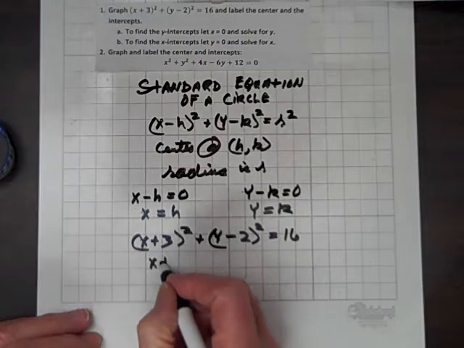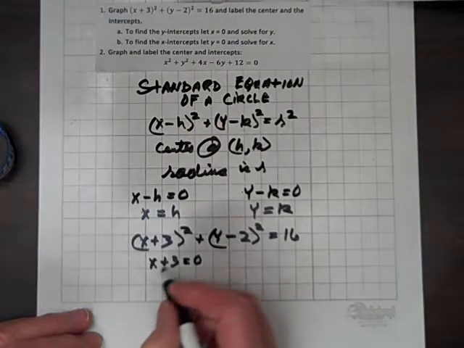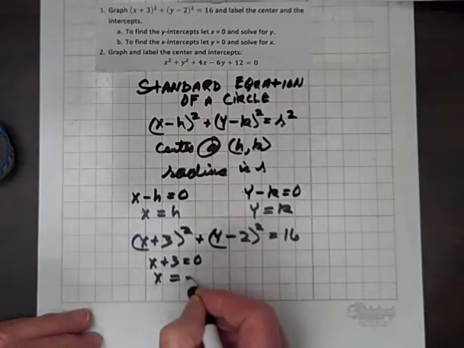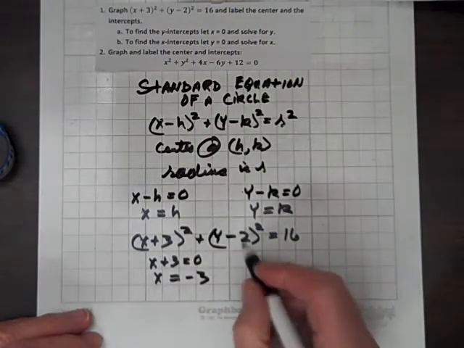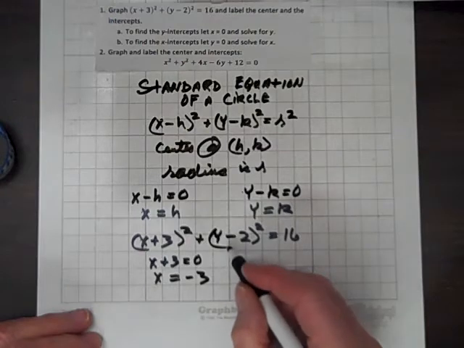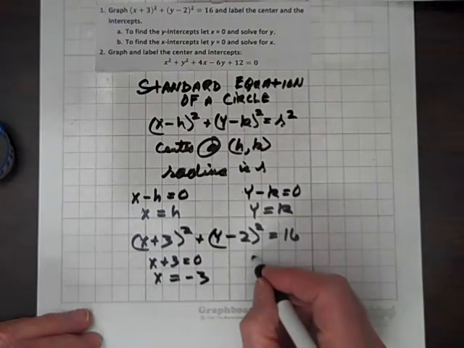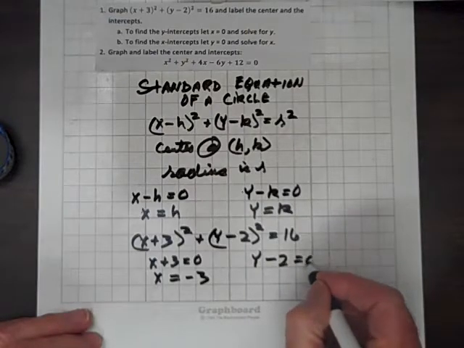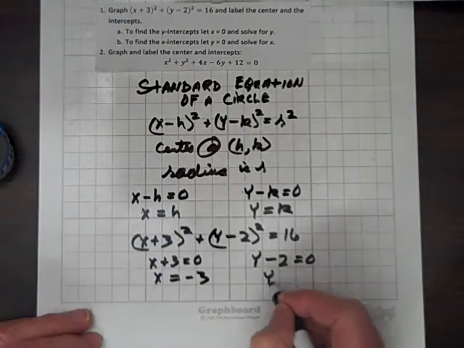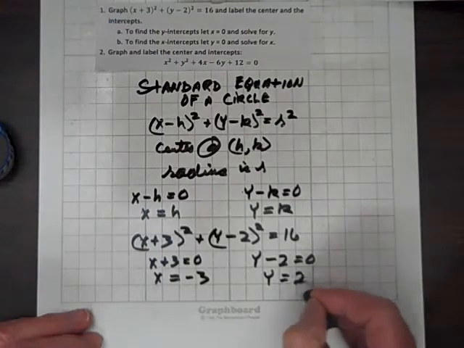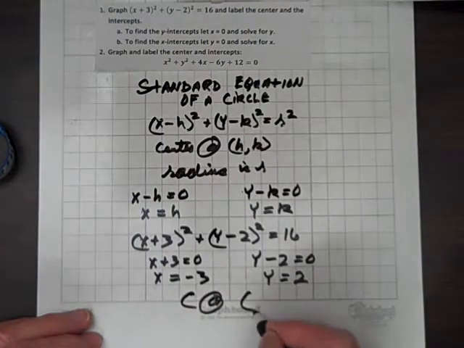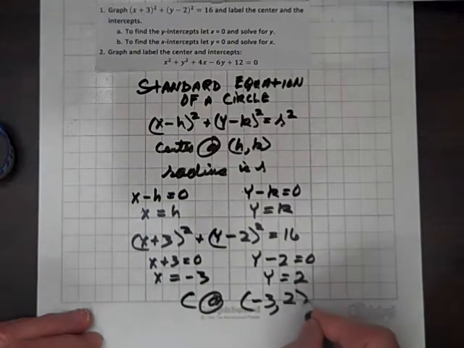We'll set x + 3 = 0, so subtracting 3 from both sides, we get x = −3. Let's find out what value takes this expression to 0. We'll set y − 2 = 0 and solve, and adding 2 to both sides, we get y = 2. So the center is at (−3, 2).